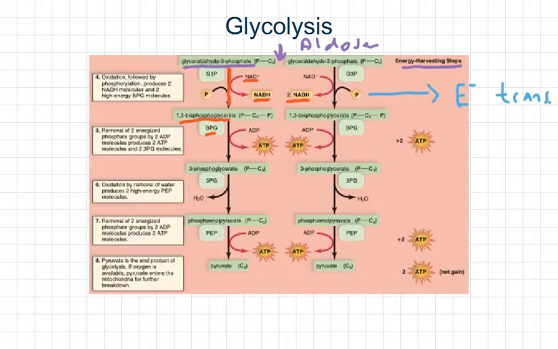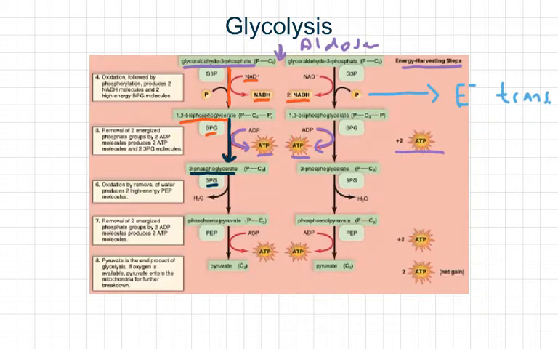Move along into the second step. Our molecule BPG is now converted into 3-phosphoglycerate, also known as 3PG. And during this conversion, the body harvests its first set of 2 ATP.